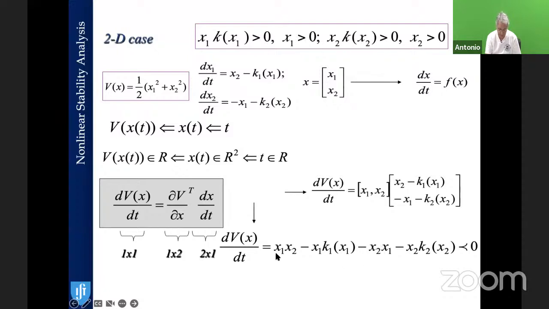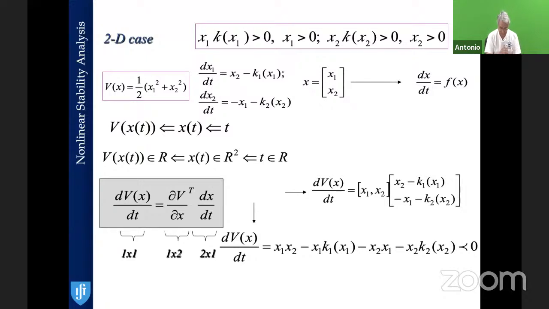So these two cancel. This is positive, positive, negative. The derivative is negative. So you know that no matter what the system does, and without solving the differential equations, the trajectories will go to 0. It's a very powerful result. And this is just a simple example.